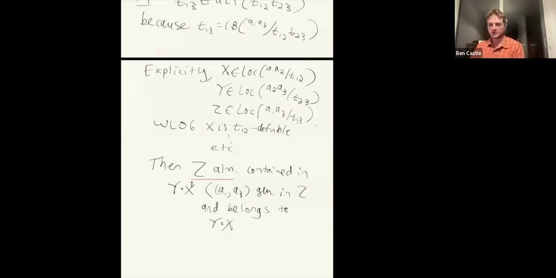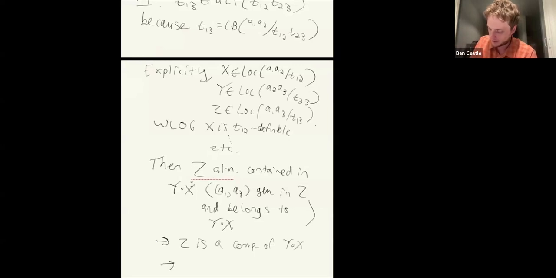It belongs to the composition because it's witnessed by A2. And so what that means is that Z is a stationary component of the composition.